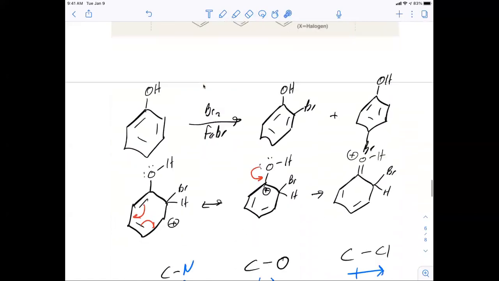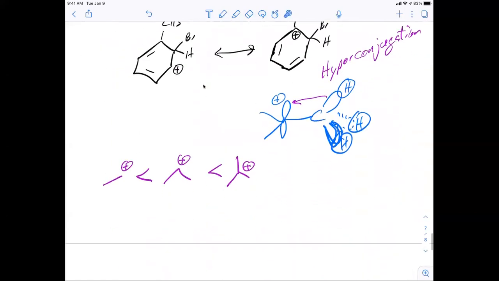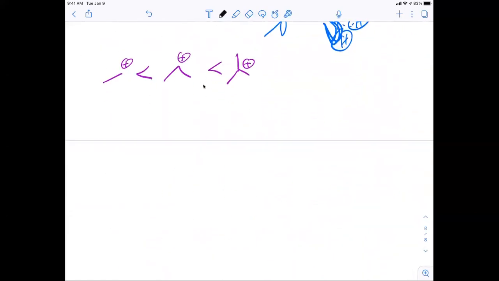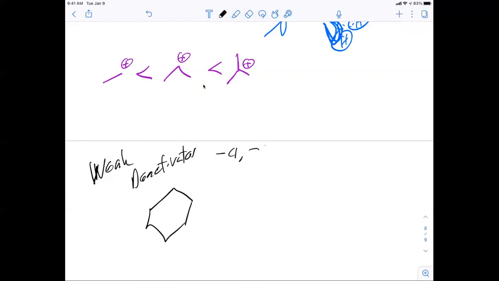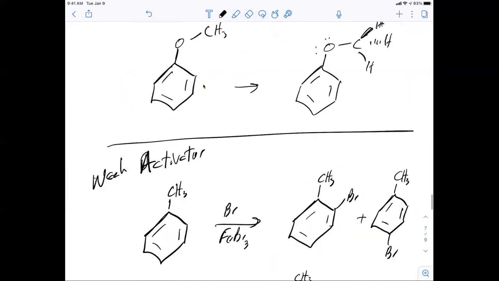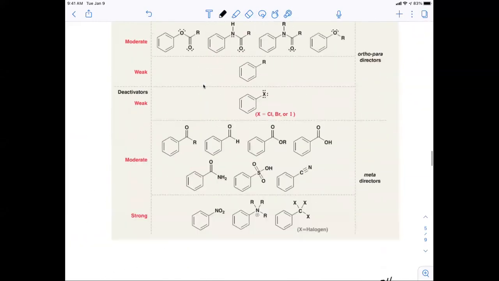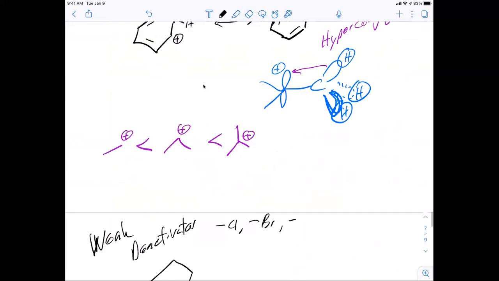Just keep going down. So that's my halides. Right, and that's going to be my halides. So Cl, Br. And do they include fluorine on the chart? No, iodine.